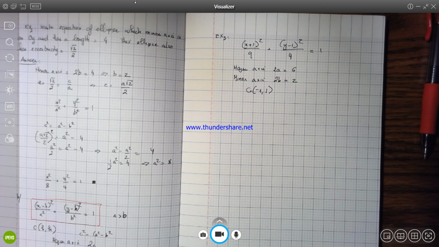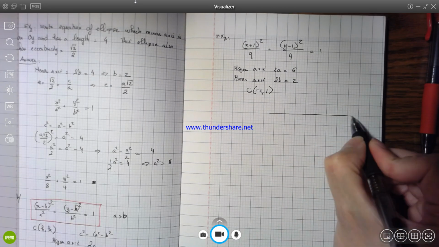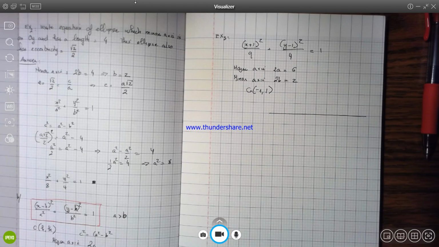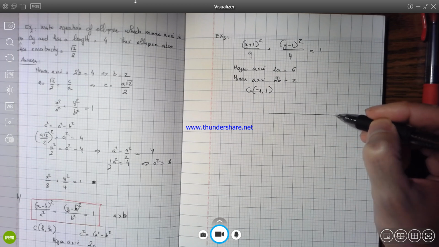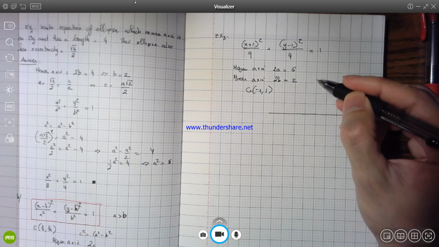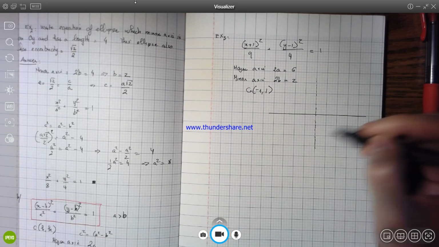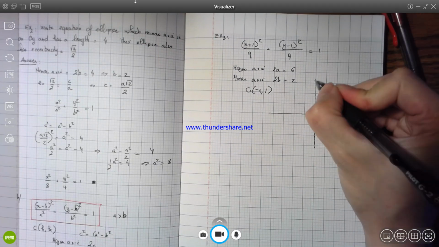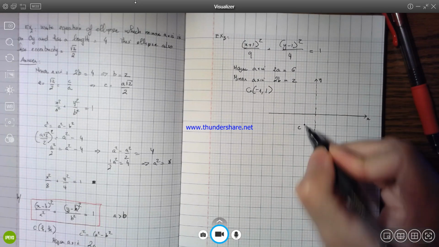Let's draw the picture. Right now center is -1 and 1. So I'm gonna put the y-axis here. This is x, this is y. So this is the center.